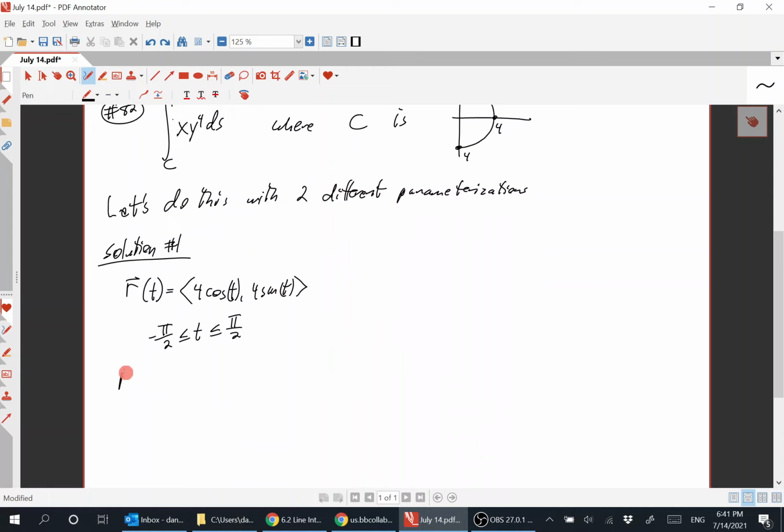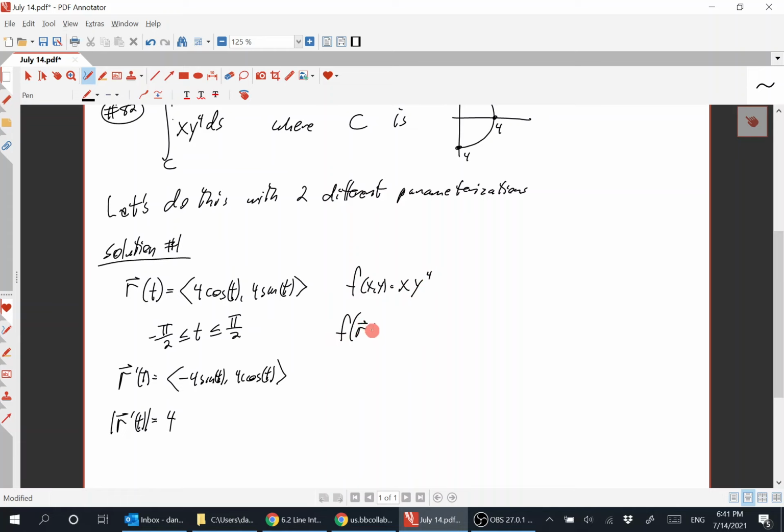R prime of t is minus 4 sine t, 4 cosine t, and the length of r prime of t is just 4. It's the square root of x squared plus y squared, but it just gives you 4. F of x y is x y to the 4th.